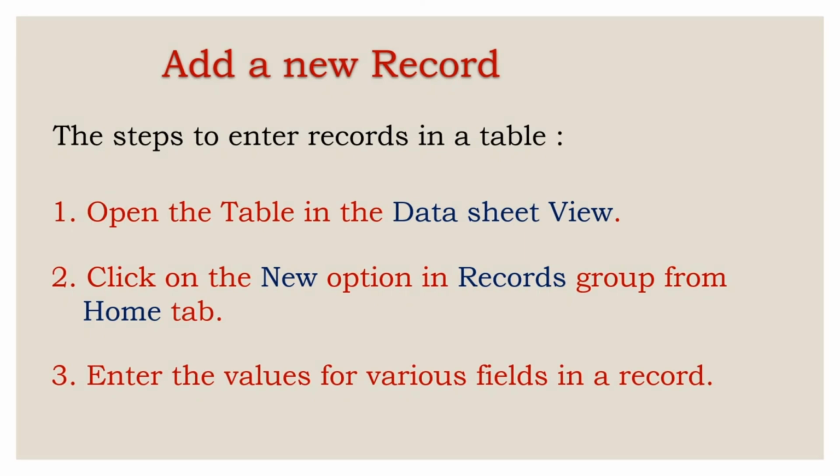Add a new record. The steps to enter records in a table are: open the table in datasheet view. Click on the New option in Records group from the Home tab. Enter the values for various fields in a record.